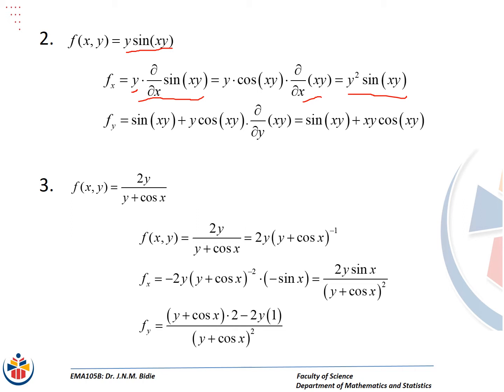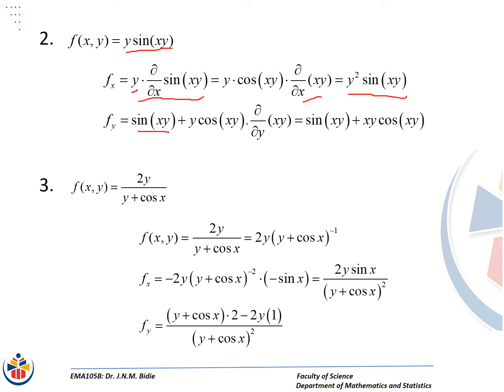Now let's go to the second derivative, with respect to y. Note now we have y sine of xy. So we cannot ignore that y. Y is not a constant now. We are treating x as a constant. So that means we have to use the product rule. So the derivative of y is 1.